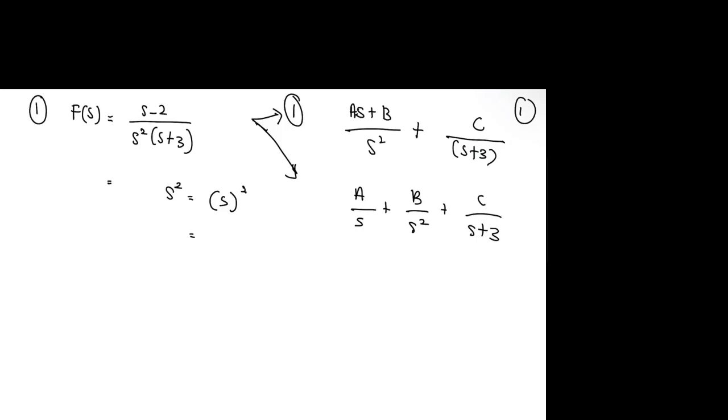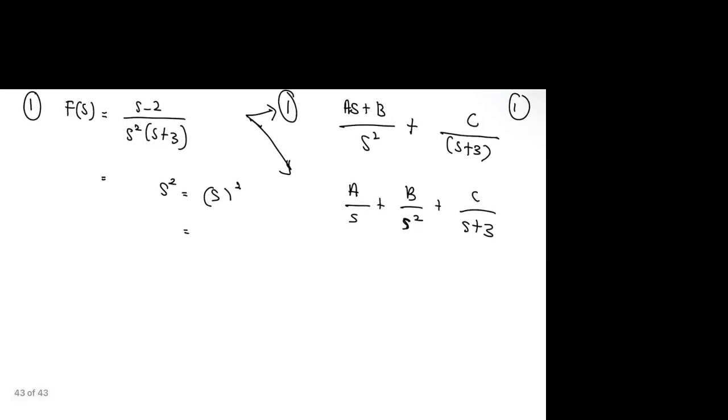So you can rewrite as two functions. Because s is a linear function, it is repeated 2 times. So first you write a over s, second b over s squared. The power goes from 1 to 2.